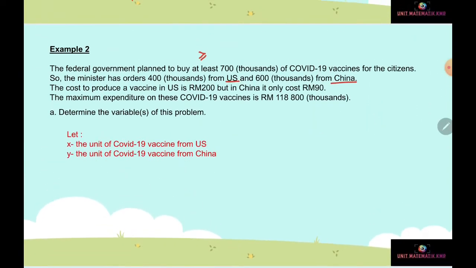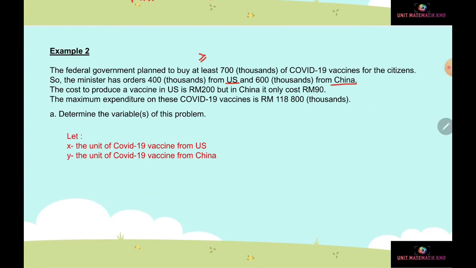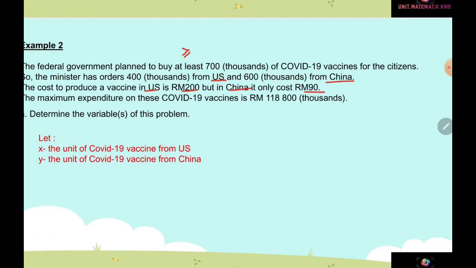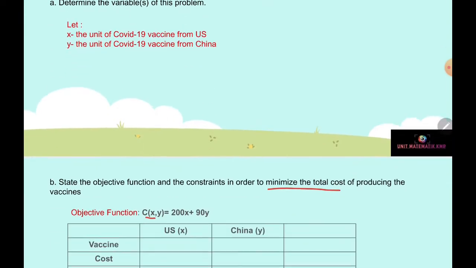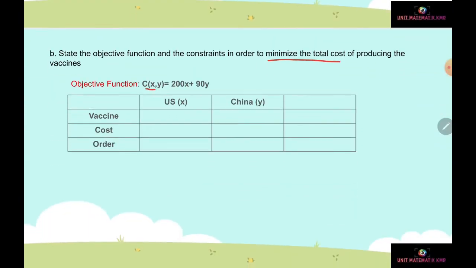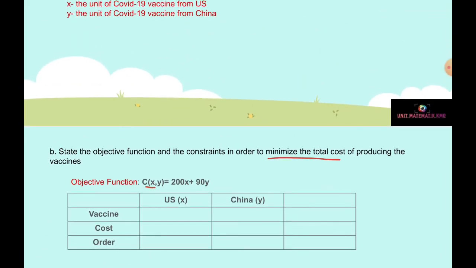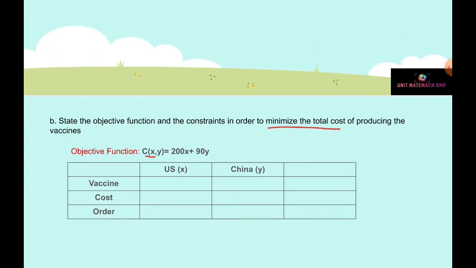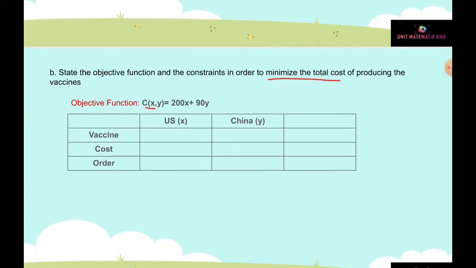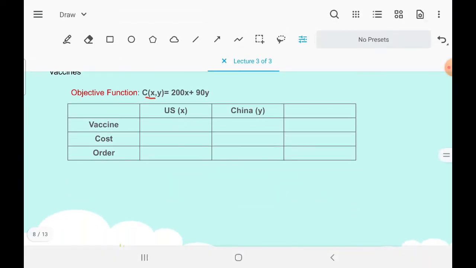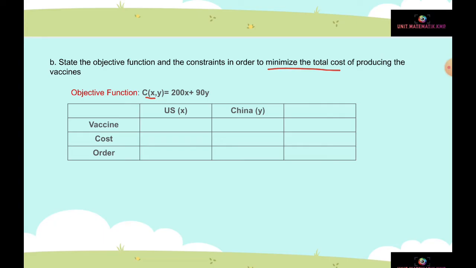Reading back, the cost from the US is 200 and from China is 90, so we get 200x plus 90y. To make it easy to do the inequalities, we put them into a table: US for x and y for China, and then the vaccines, cost and order.